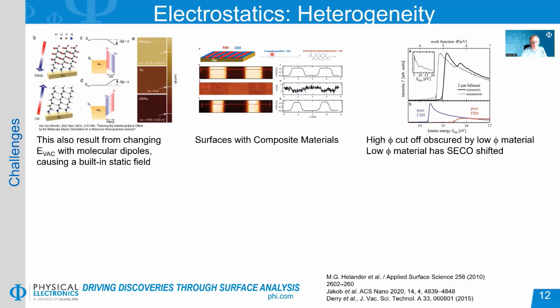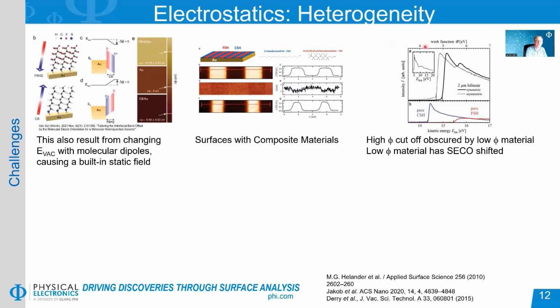And then they took UPS. And you might think, okay, if I have different stripes here, and say I have 50% of the low work function stripes and 50% of the high work function stripes, what I should get for my secondary electron cutoff is two peaks, one at the low work function and one at the high work function vacuum level.